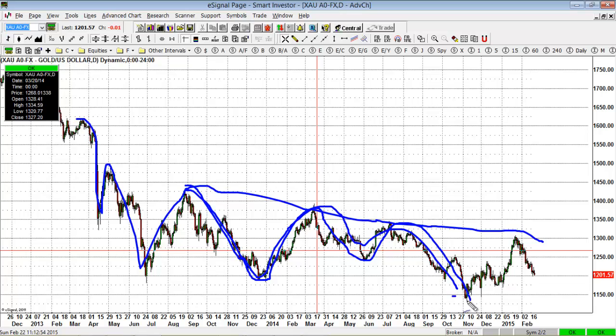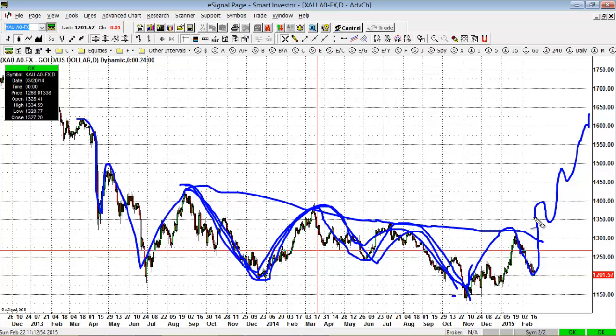And what you'd want to see if you want to be long the gold market, you want to see this series of lower highs, lower lows be broken, and you want to see the market start to make higher highs and higher lows. That's when I will be confident in going long a market, for example gold.